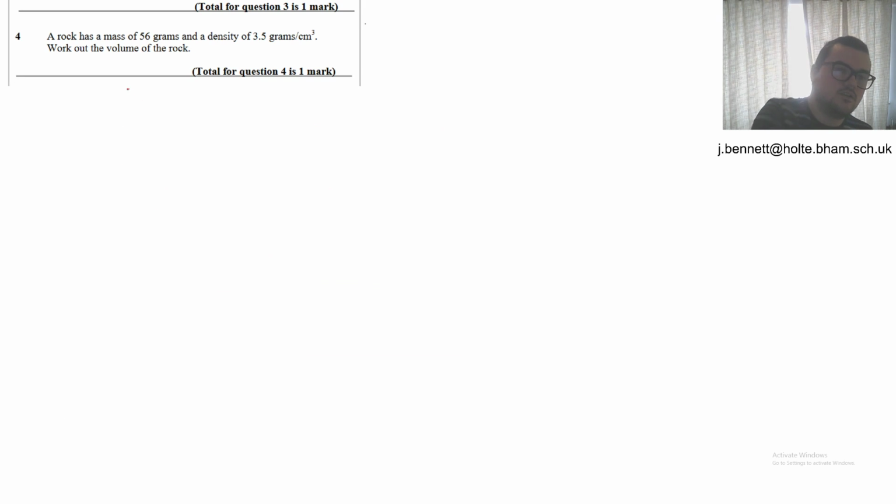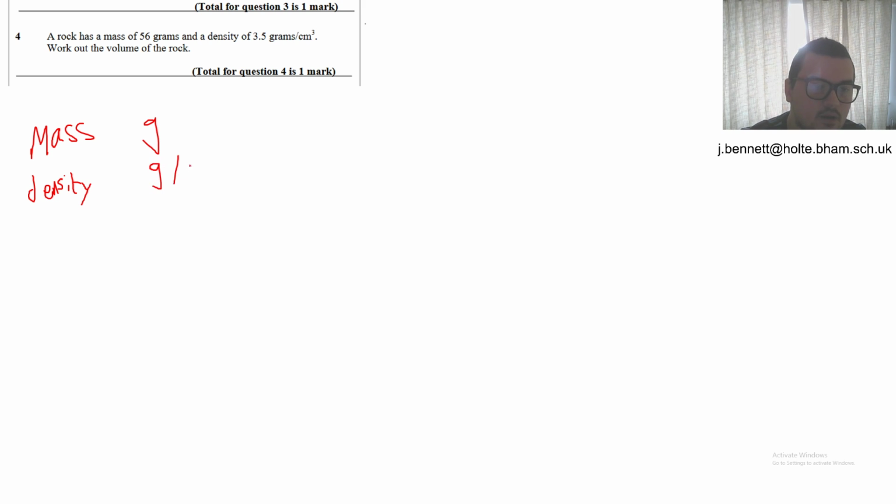Next question. A rock has a mass of 56 grams and a density of 3.5 grams per centimeters cubed. Work out the volume of the rock. So we've got mass, which is in grams. We've got density, which is in grams per centimeters cubed, and volume, which is going to be in centimeters cubed.